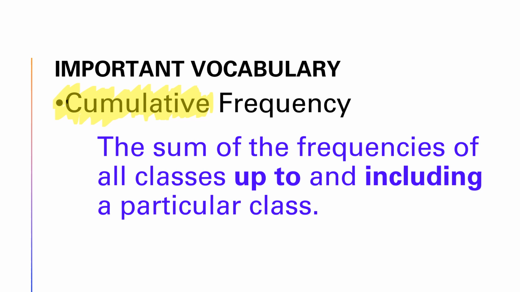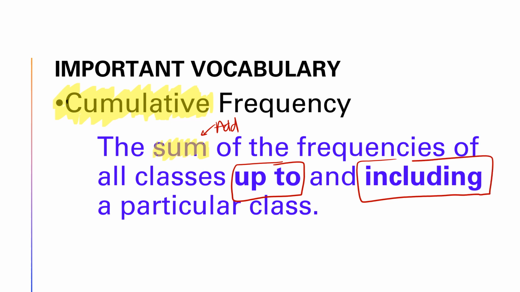So it's the sum of the frequencies. Sum means add. Add up all the frequencies of all of the classes up to and including a particular class. Let me give you a little example.